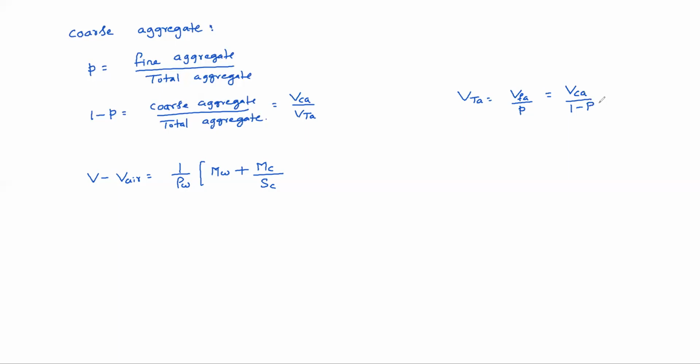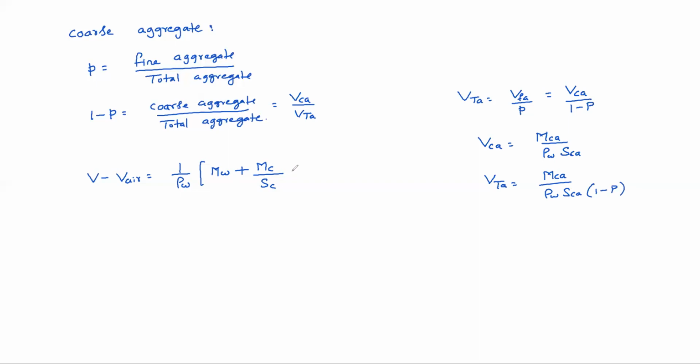Okay, VTA. So that means what is VCA? Volume of coarse aggregate equal to mass of coarse aggregate divided by rho W into specific gravity of coarse aggregate. That means VTA equal to mass of coarse aggregate by rho W into specific gravity of coarse aggregate into 1 minus P, right?